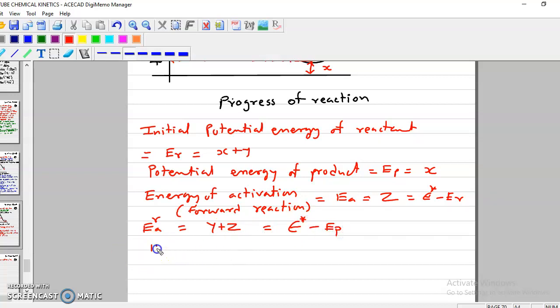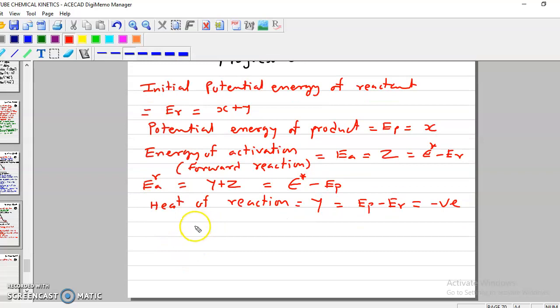Okay, heat of reaction, say Y, which is EP minus ER, and here this is negative, therefore it is exothermic reaction, and it is equal to energy of activation of forward minus activation energy of reverse.